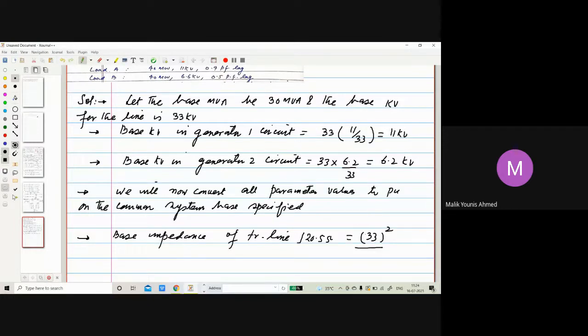V base is 33 and S base we have chosen as 30. This is the base value.